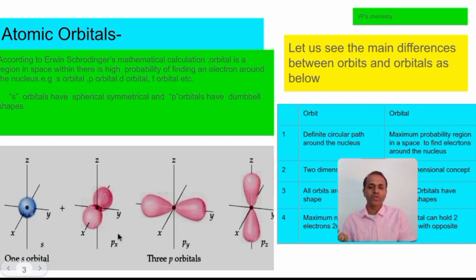But for p orbitals, the orientations are different, though they have the same energy. One is along the x-axis, called px, another along the y-axis, called py, and the other is pz, because the orientation is along the z-axis. That's why we call them px, py, pz.